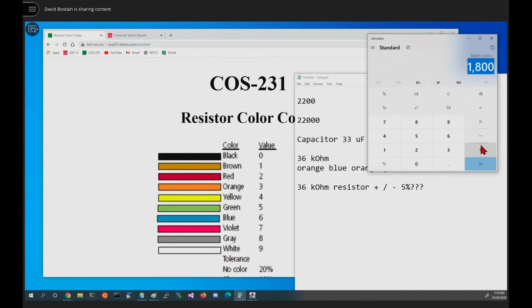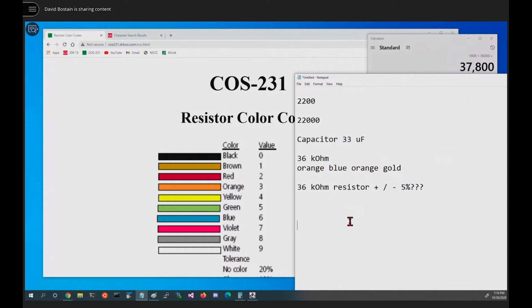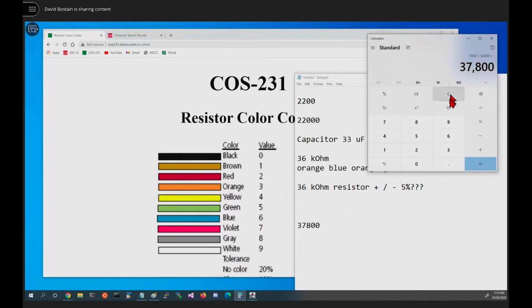If we take that number and add it to 36,000, a resistor could be as much as 37,800 as the actual value. Or it could be 36,000 minus our 1,800, 34,200.